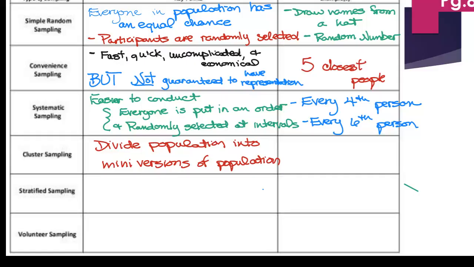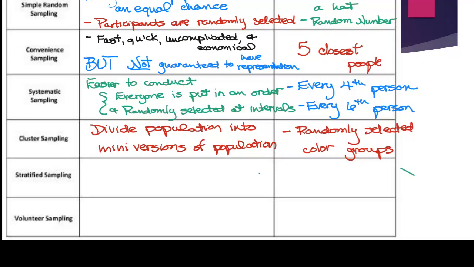An example would be randomly selected color groups. Okay. Two more, and then we'll do the activity with the cards.